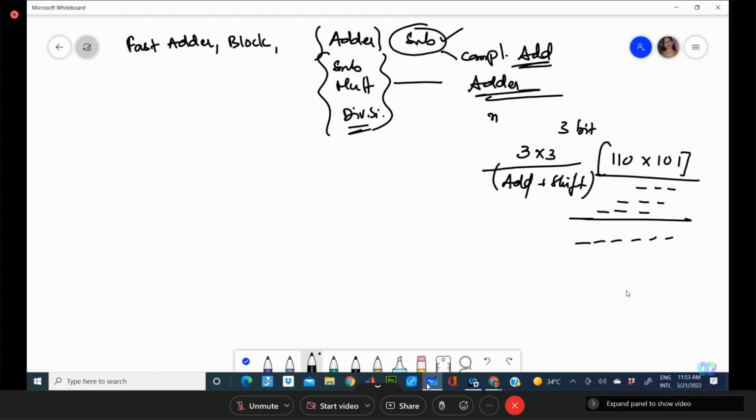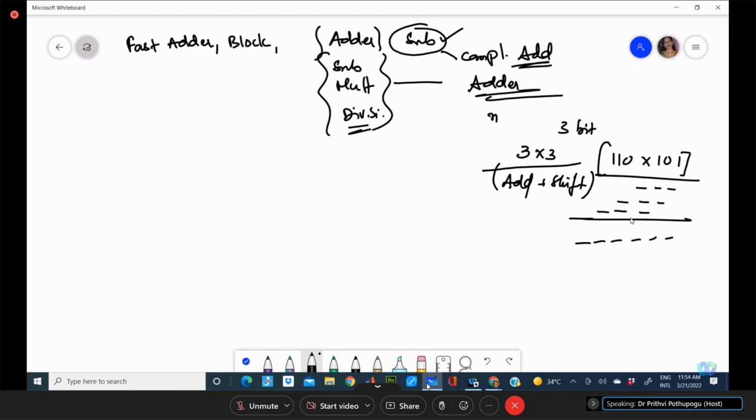How many adders are needed depends on how many bits you have in the multiplication. With a normal shift and add, you can use block adders or fast adders, but the complexity of the design and the number of adders needed are more, and the cost of the design goes up.